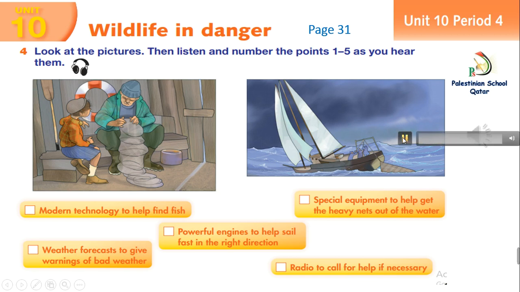Listen. Unit 10, Period 4, Activity 4. My name is Jim Webb, and my family have been fishermen for 150 years, and I still remember my grandfather talking about the old days. He and his father before him risked their lives every time they went out to sea.